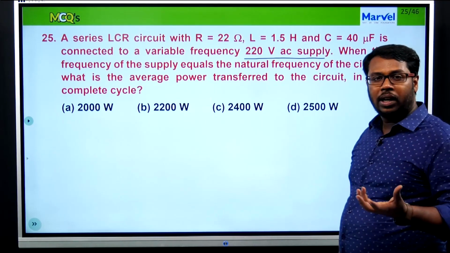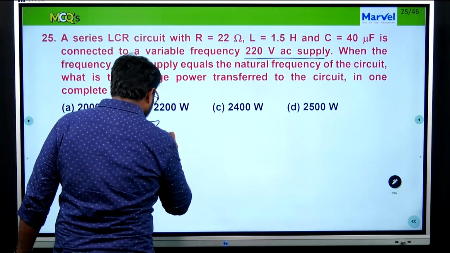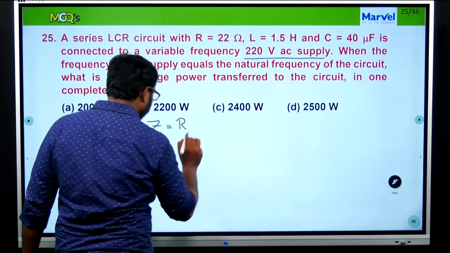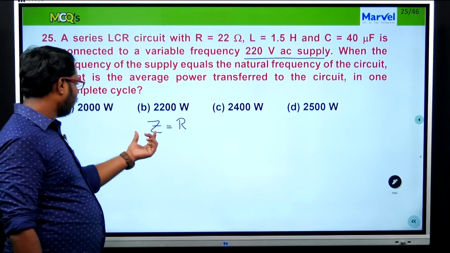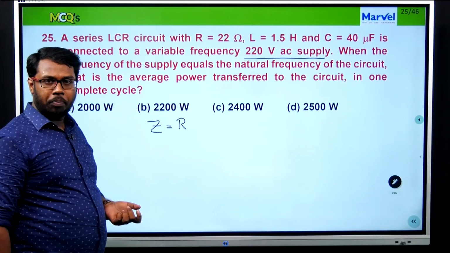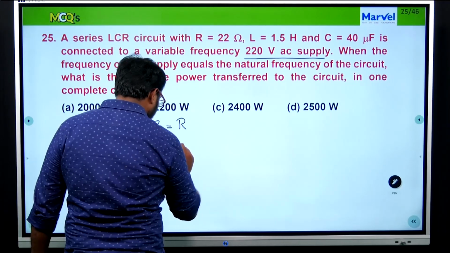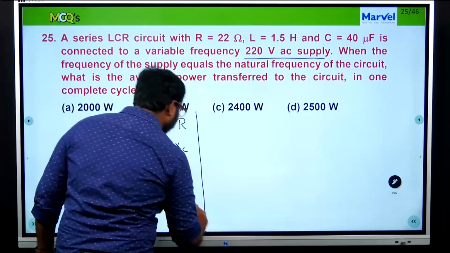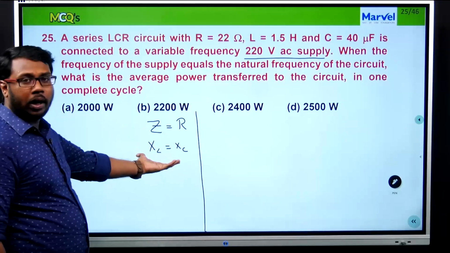What is the resonating condition? Z equal to R, where Z stands for the impedance of the entire circuit. Otherwise, XL equal to XC. You might wonder, how did I get this?